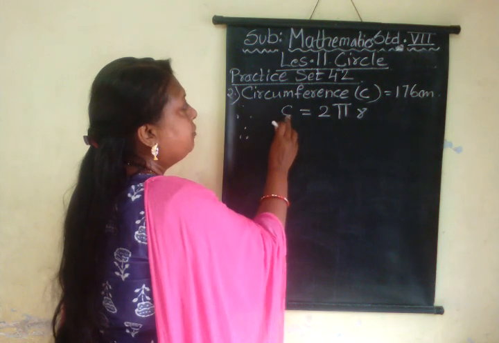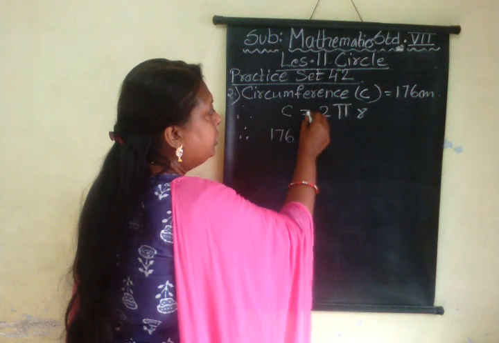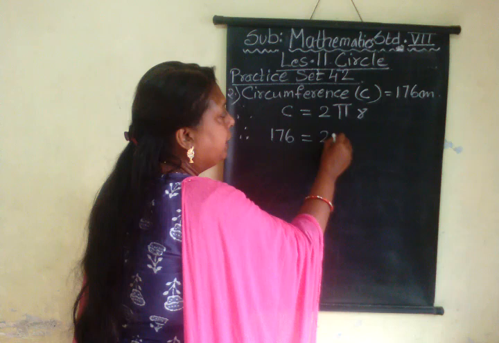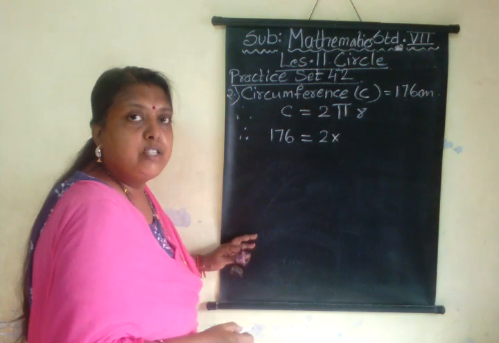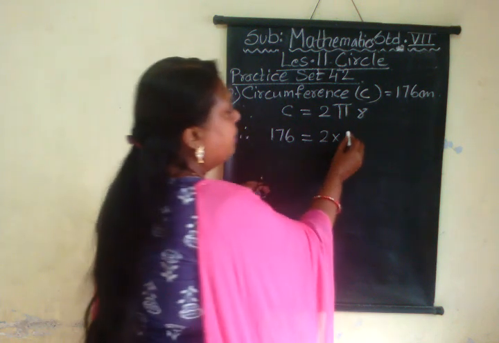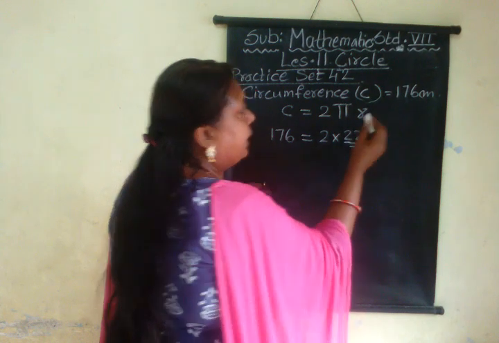So instead of C I will write 176 here, then is equal to, below 2 I will write 2 multiplied by the value of pi, as I have told you, always you have to take as 22 upon 7. So pi I will take as 22 upon 7 multiplied by r.